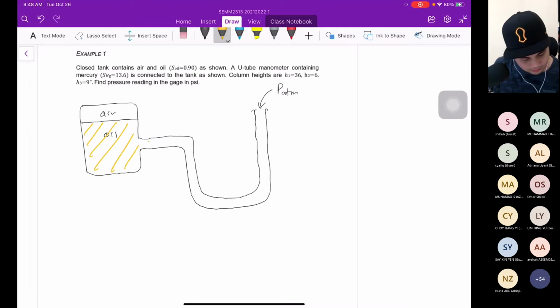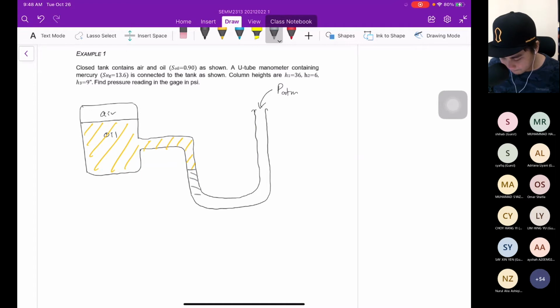Let's say this is oil, and then we have mercury. This is the level of mercury.